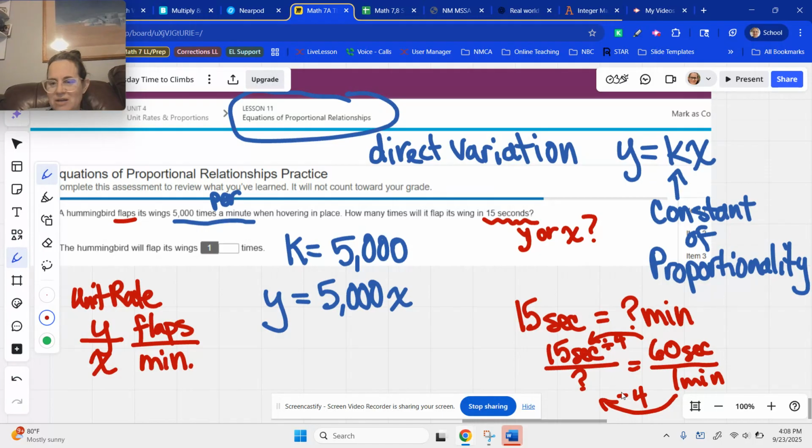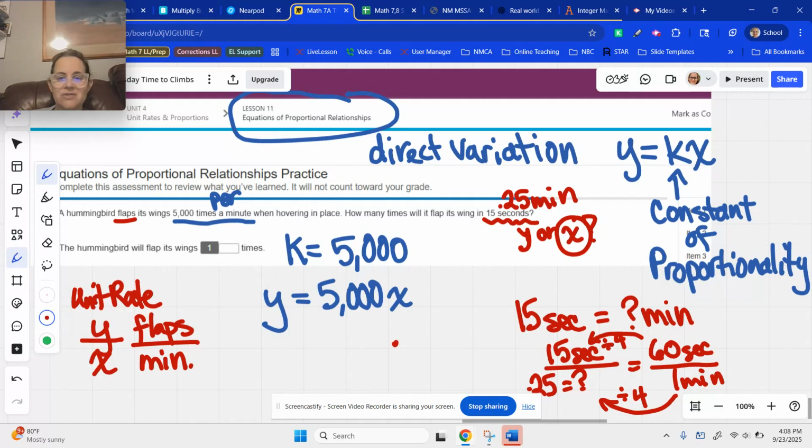So always be checking in with yourself and see if your work makes sense. 1 divided by 4 is 0.25. All right, so 15 seconds is 0.25 minutes, and that is going to be my x value.